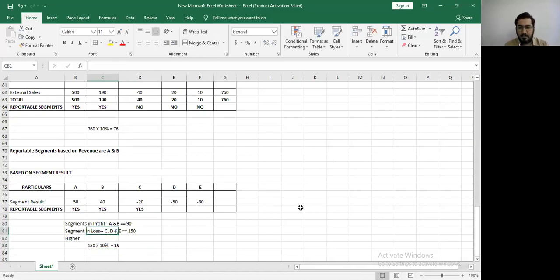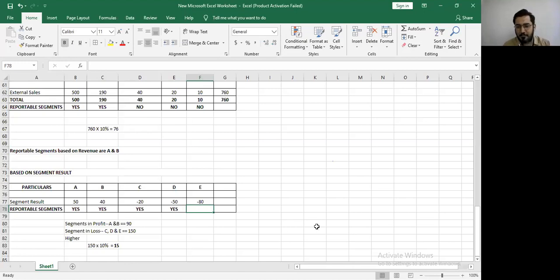Segment D. Is segment D reportable? Yes, it exceeds the 10% criteria. Segment D is reportable.